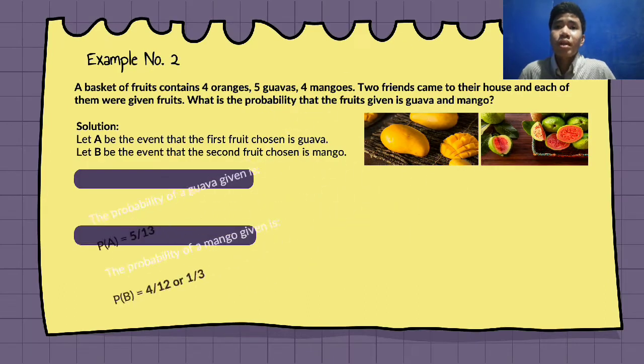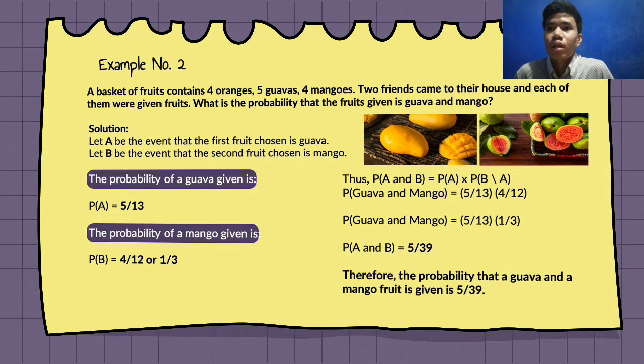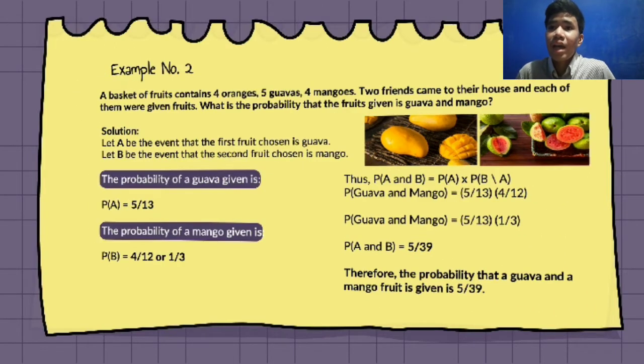So for the probability of a guava given is 5/13, and then the probability of a mango given is 4/12 or 1/3. So let's use the same formula. P(A and B) is equivalent to P(A) multiplied by P(B after A).